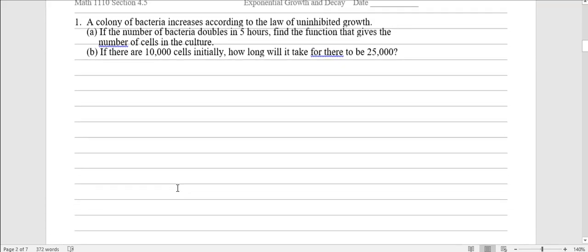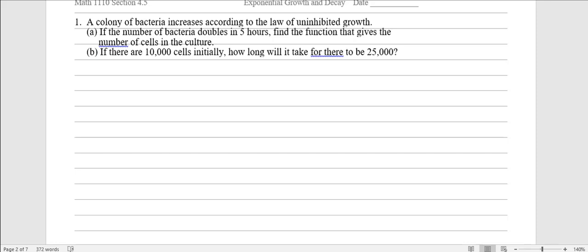Let's look at some examples. Here in example 1, we have a colony of bacteria that is increasing according to the law of uninhibited growth. So we call an exponential function a model of uninhibited growth. So the growth just is continuing and continuing at a rapid rate.